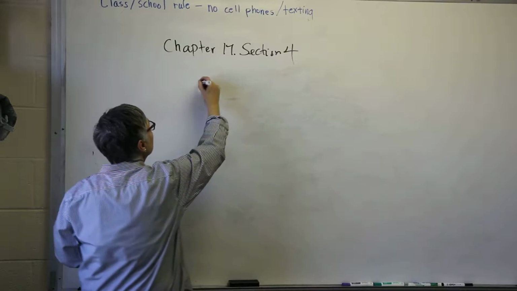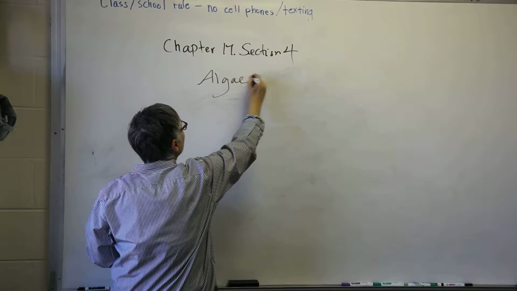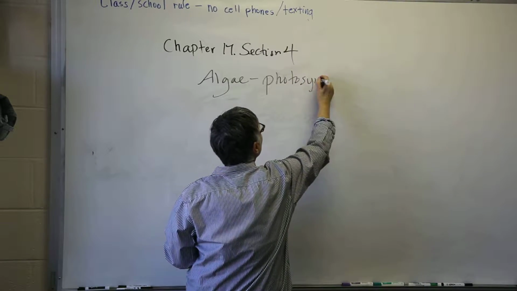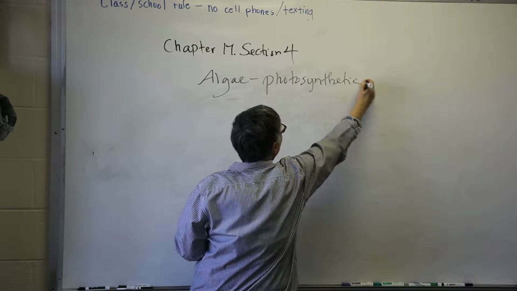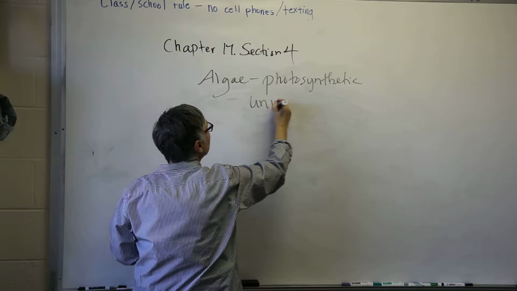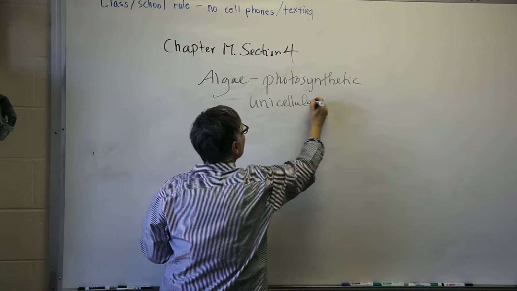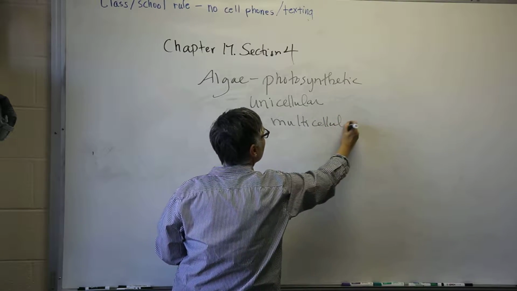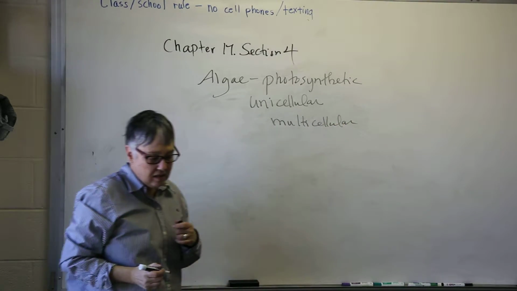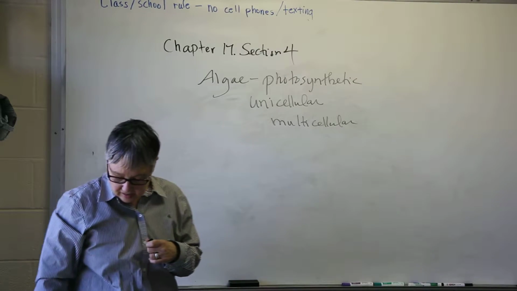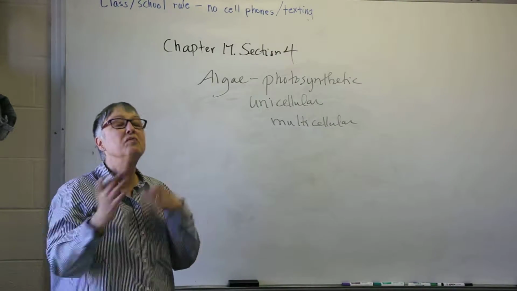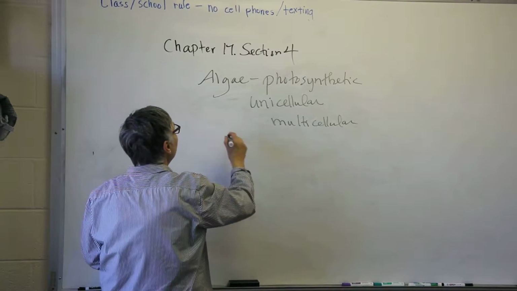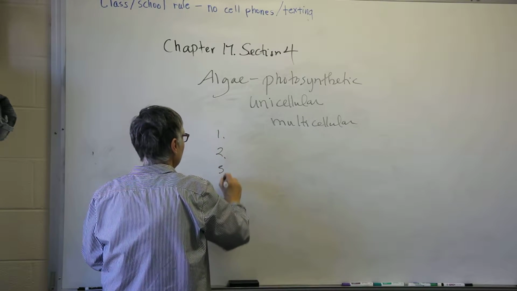So the algae are all photosynthetic. Some are unicellular, some are multicellular, and they're typically divided into, at least informally, a number of categories. And I will list them here.